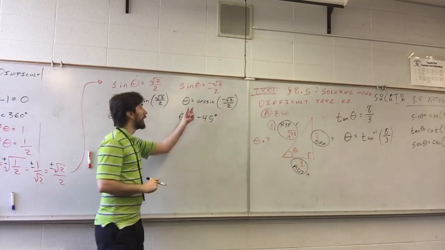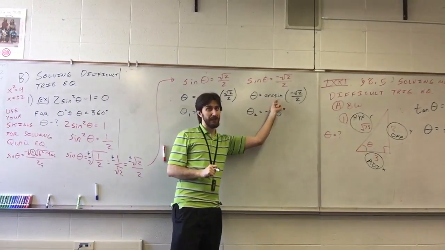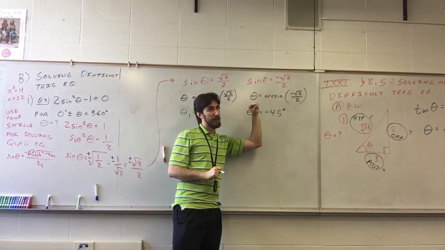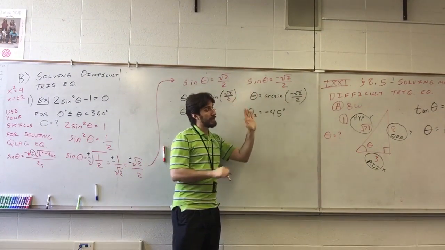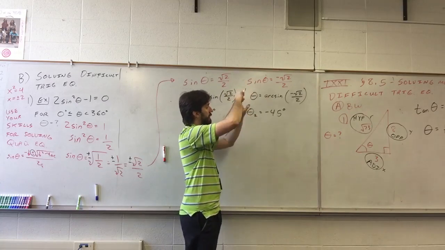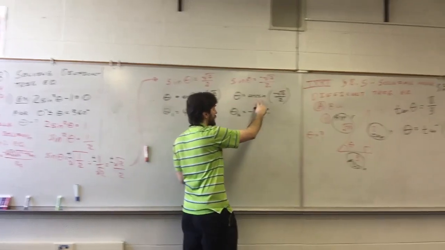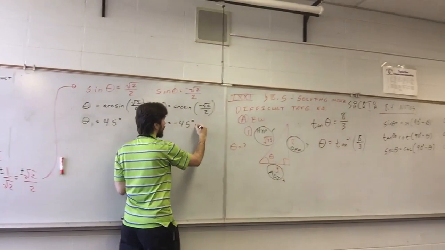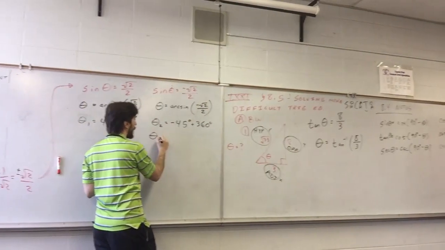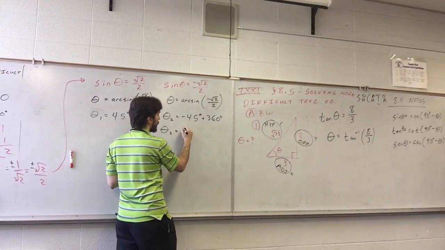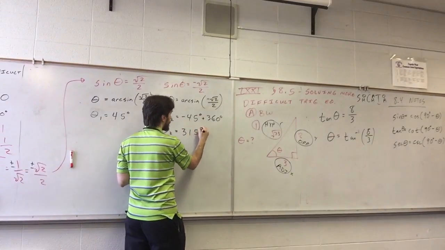Okay, so remember, arc sine limits the range, right, to negative pi over 2 to pi over 2, or from negative 90 degrees to positive 90 degrees. So the actual answer to this is this, but you're right. If you add 360, the real answer in quadrant 4 would be, what did I say, 315 degrees?